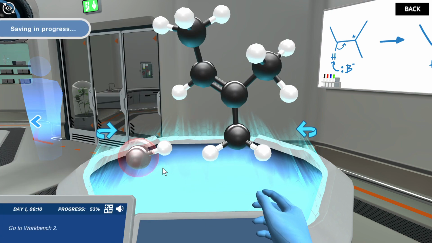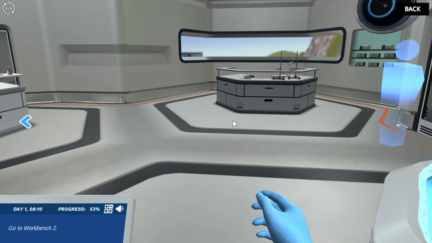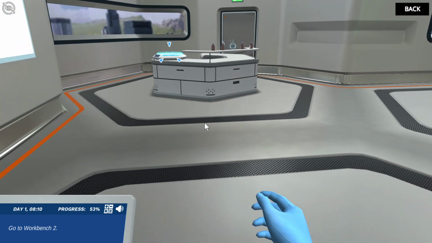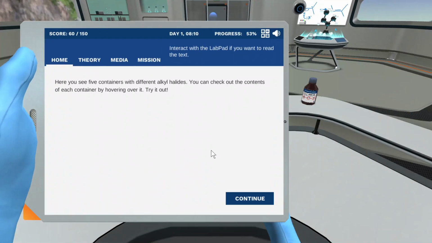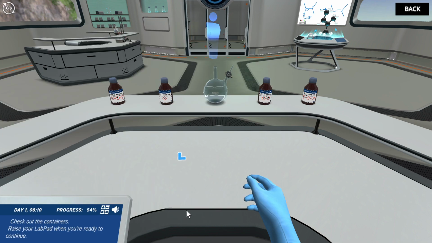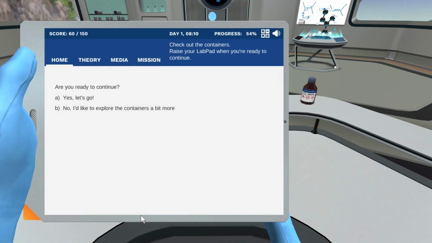Go to workbench 2. Here you see 5 containers with different alkyl halides. You can check out the containers. Are you ready to continue?